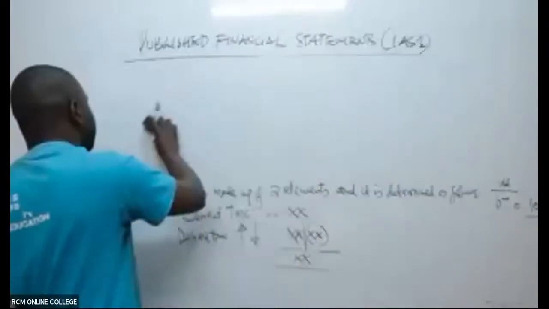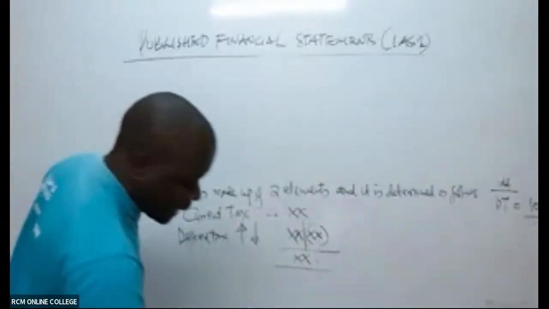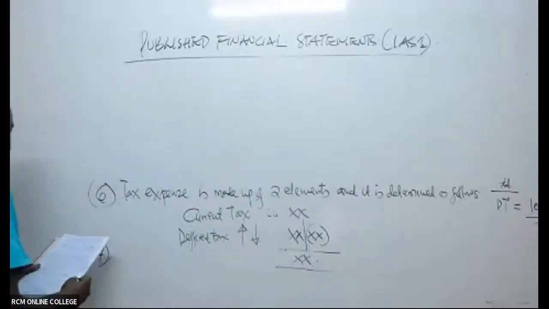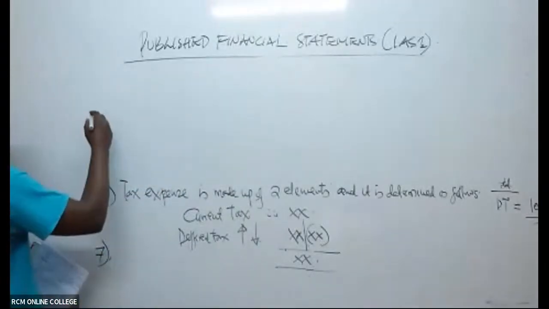So other incomes apart from revenue will be recognized as other comprehensive incomes.